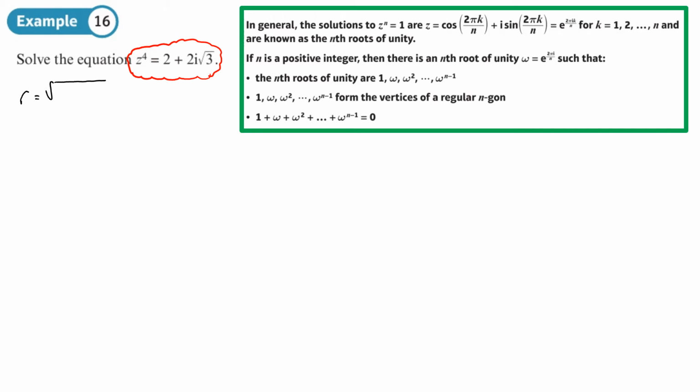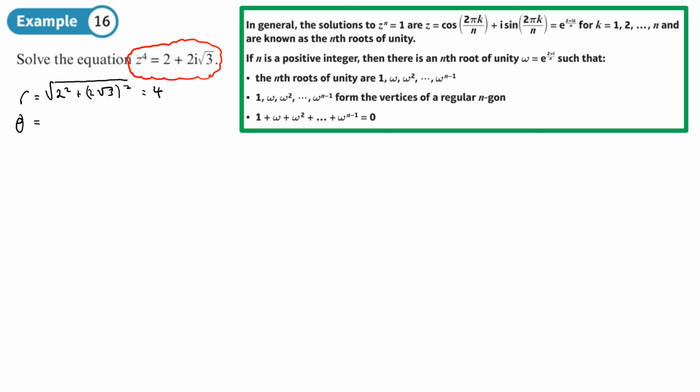So it's going to be the square root of 2 squared plus (2√3) squared. And if we do that, we get a nice answer of 4 exactly. And we need to work out the argument of that complex number.